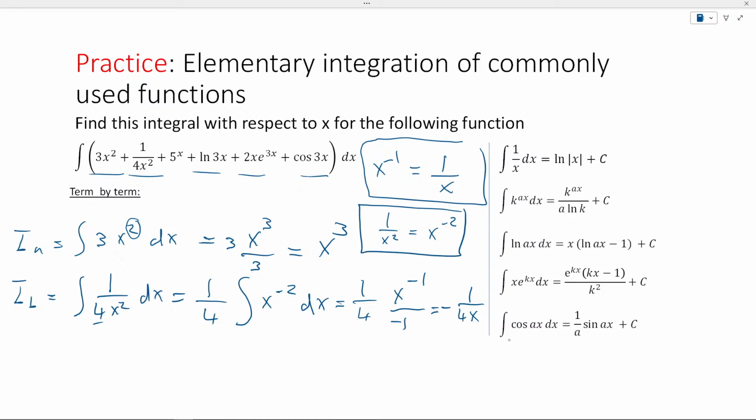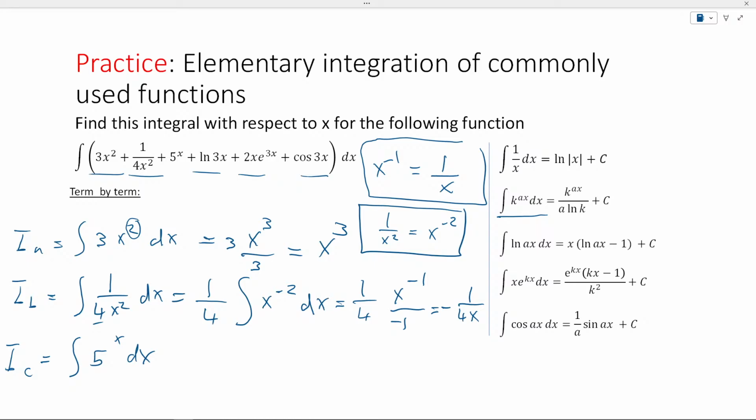Okay, so I can do something that looks like this for this one. And then of course there's plus c here. I will not write it down, but you know that the integration of 5x dx has a rule here.